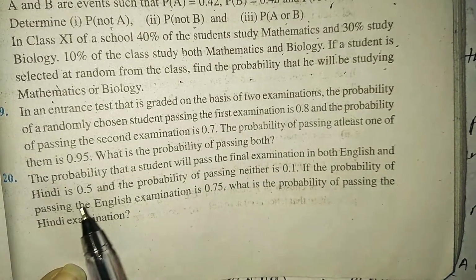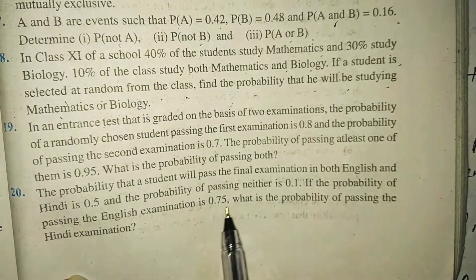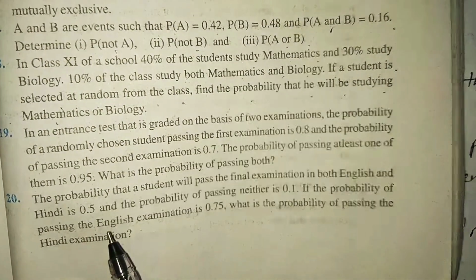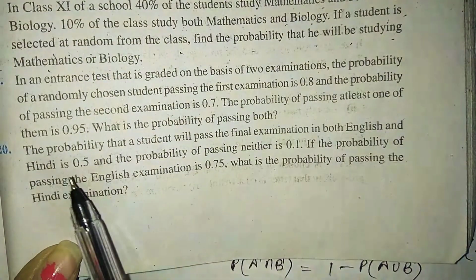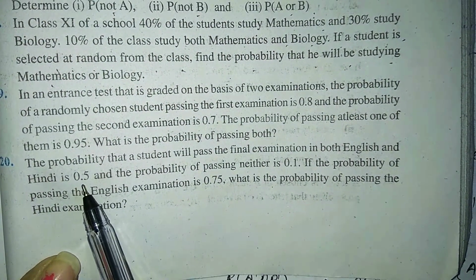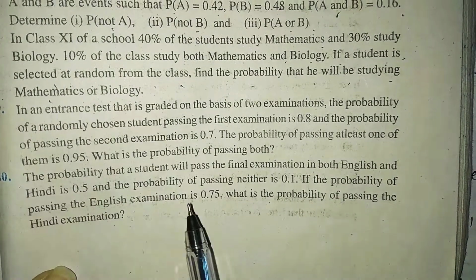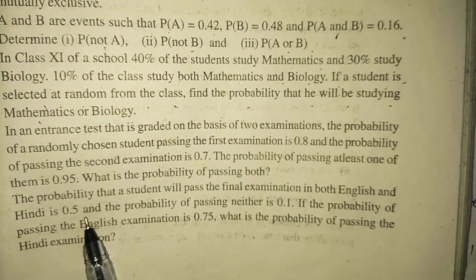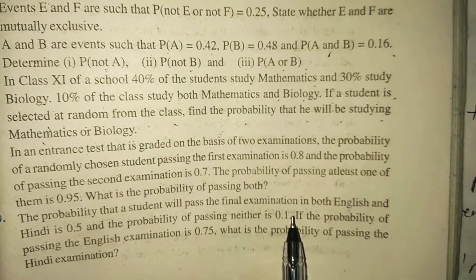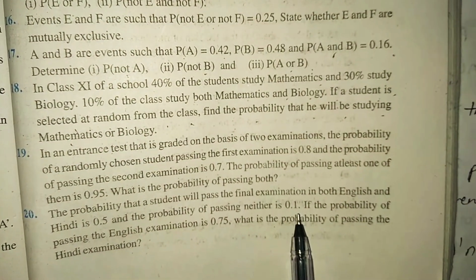If the probability of passing the English examination is 0.75, let A be the event of the student passing the English examination and B be the event of the student passing the Hindi examination. Then here P(A) is given. Here P(A intersection B) is given, and this is P(neither). Neither means ना तो A में पास होगा ना ही B में.